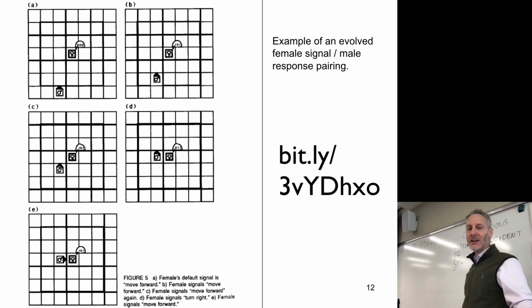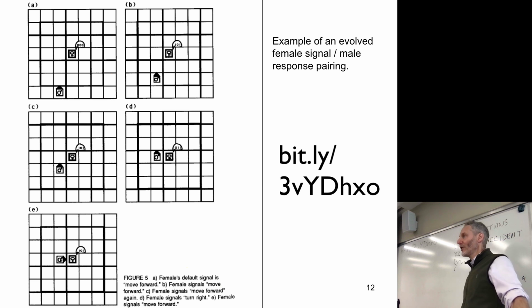In panel C, it seems like the male is ignoring that signal. The male continues doing what he was doing before, which is moving straight in a northerly direction. In panel D, the female suddenly switches from singing 1, 0, 1 to singing 0, 0, 1, and the male's behavior immediately changes.